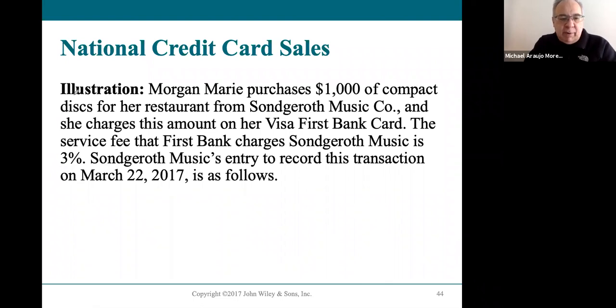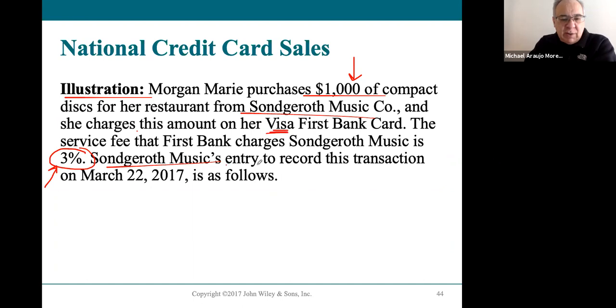So here's an example illustration of a company that takes a credit card sale. Morgan Marie purchased $1,000 worth of music for her restaurant from Songeroff Music Company, and she charges it to her Visa. The service fee on the Visa charge is 3%. So Songeroff Music sold $1,000 worth of music, but they've agreed to pay the 3% fee as part of taking the Visa.